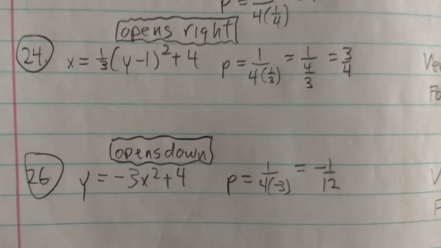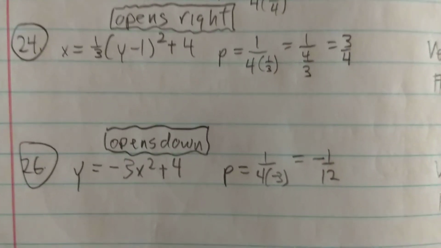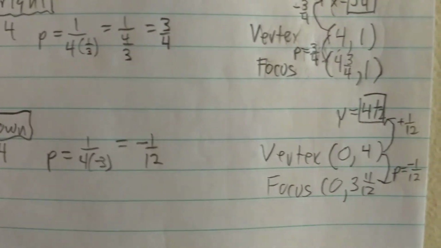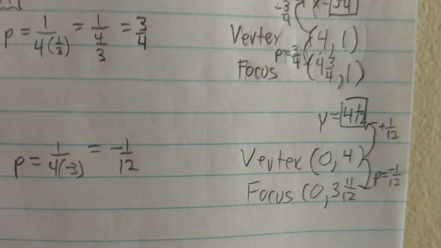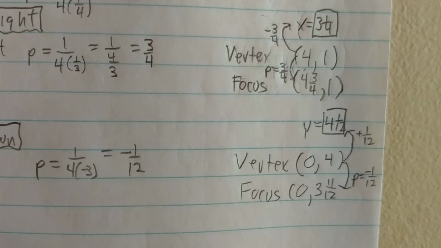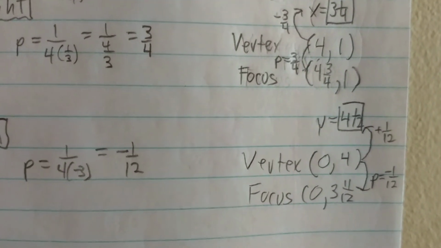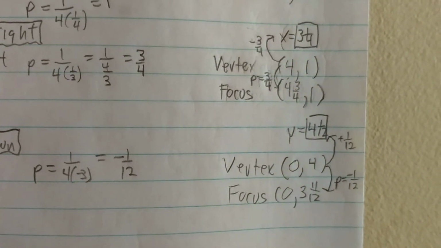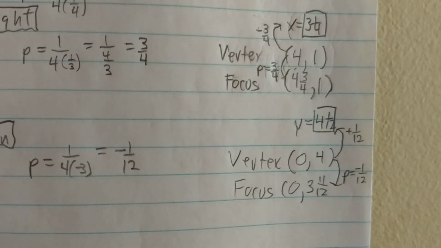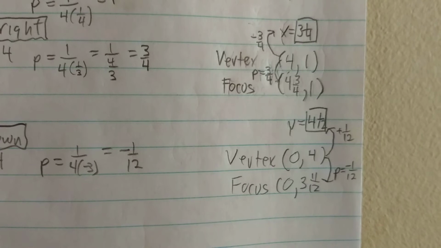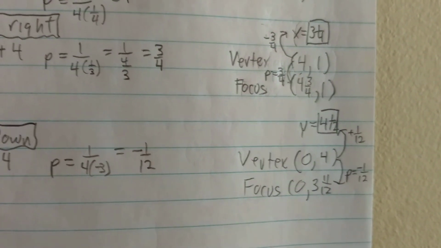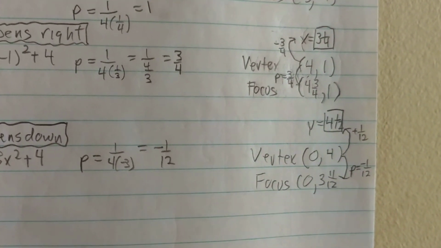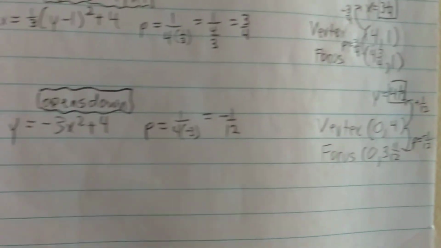And now from our equation, our vertex is 4, 1, and we have a p of 3/4, but on the x, so the focus is 4 plus 3/4, or 4 3/4, comma 1, and the directrix line is back, because it's opening right, minus 3/4 from 4, or x equals, the vertical line, 3 1/4.